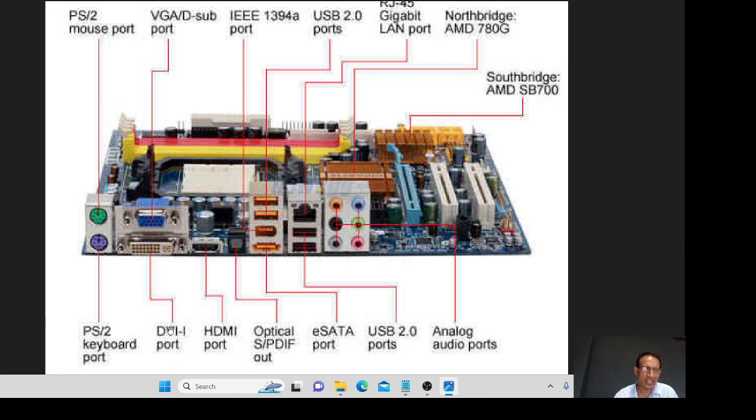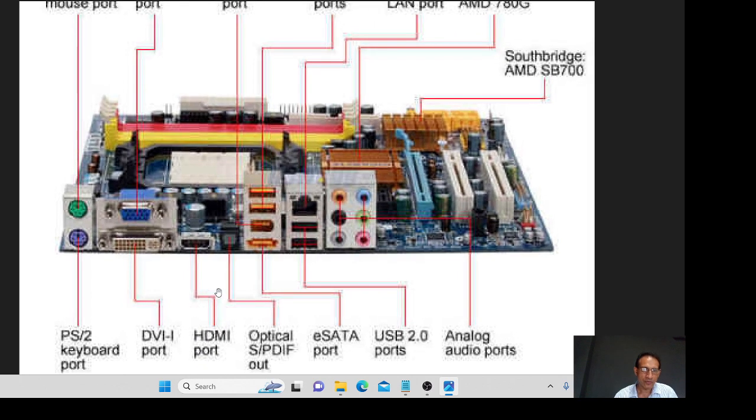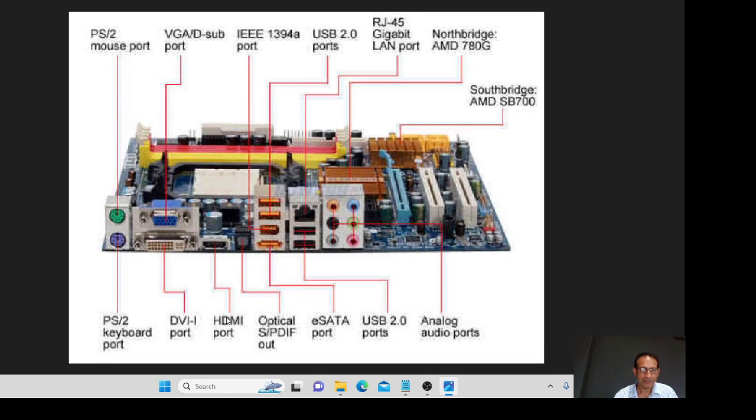DVI is also dedicated to the display. It was used for projectors in those days, but it is not very popular currently, though it is faster than VGA technology. And the latest is HDMI. HDMI is also a visual output to display, so it's the latest and the fastest graphics adapter.